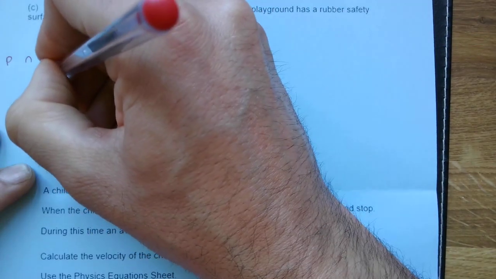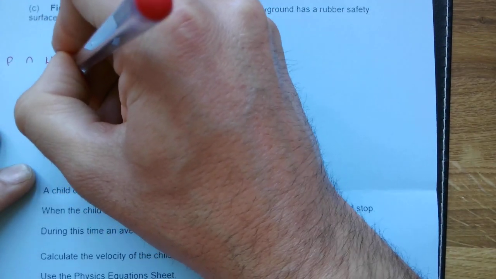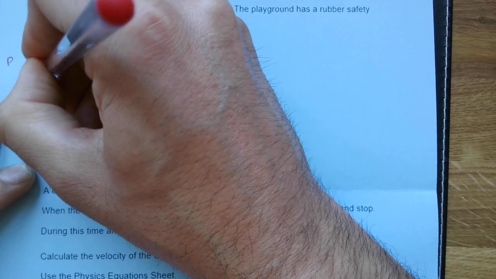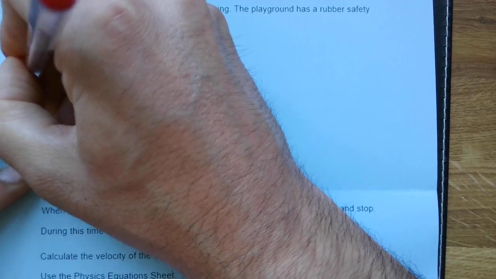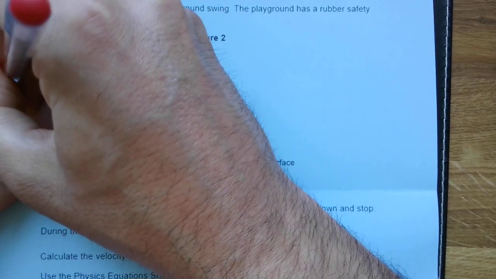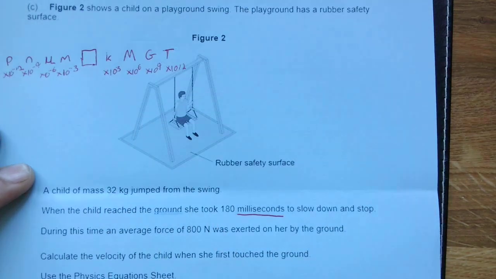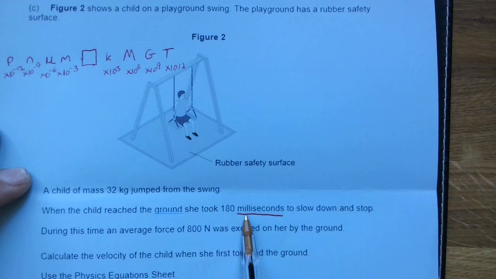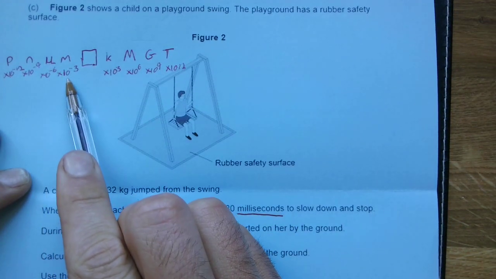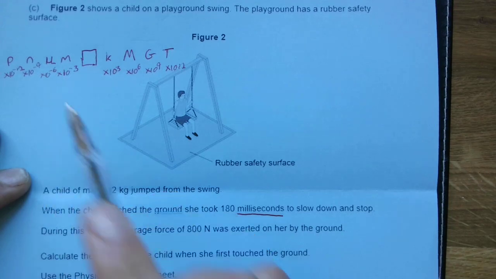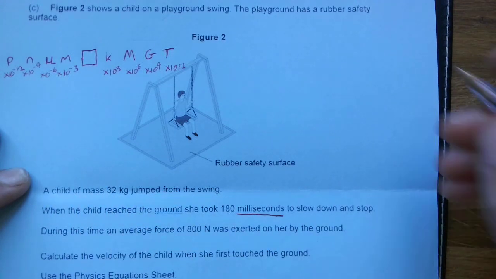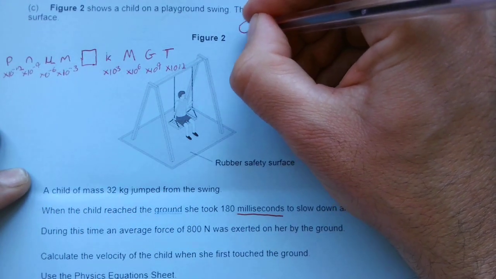And then we do these the opposite, times by 10 to the minus 3, times by 10 to the minus 6, times by 10 to the minus 9, and times by 10 to the minus 12. We've got milli, so we're going to have to use times by 10 to the minus 3 when we get round to it.